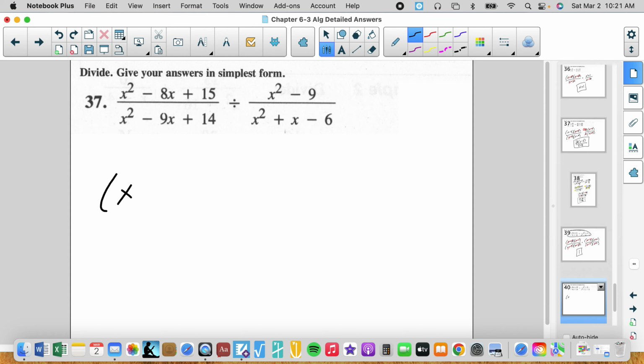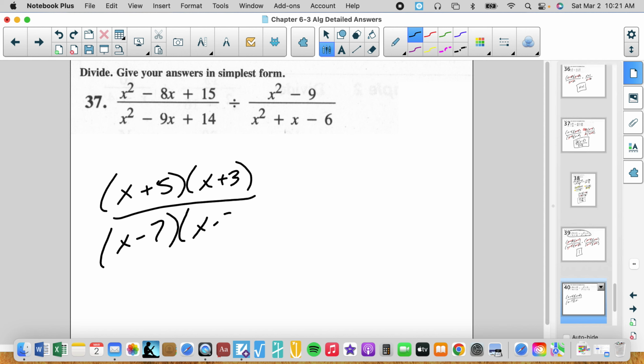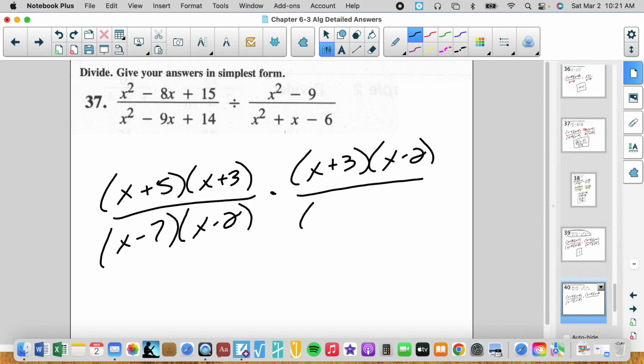X, signs are the same, both are positive. X plus 5, X plus 3 makes 8. We got X minus 7, X minus 2 makes negative 9. We have X plus 3, X minus 2 makes positive 1, and we have the difference of squares.